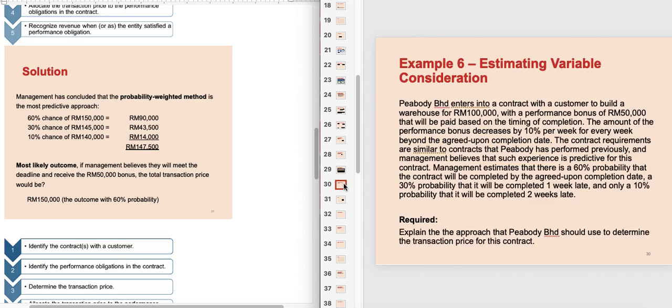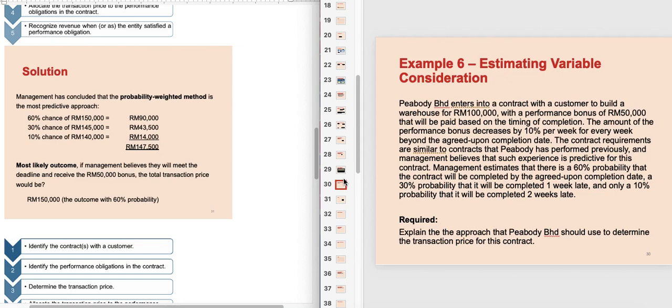All right. Now let's look at example 6, estimating variable consideration. Now we want to set the transaction price, but in order to set this consideration, it is influenced by several factors. For example, Peabody Berhad entered into a contract with a customer to build a warehouse for 100,000. So at this moment 100,000 is the transaction price, with a performance bonus of 50,000 that will be paid based on the timing of completion.